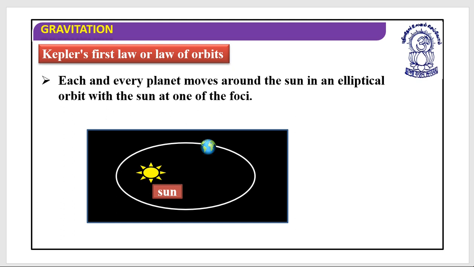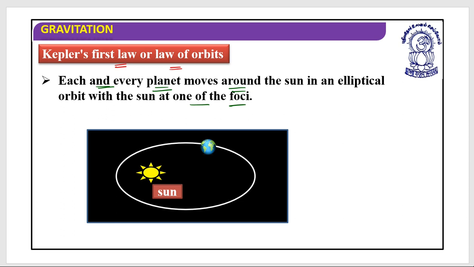Now let's discuss Kepler's first law, or the law of orbits. What does it say? It says that each and every planet moves around the sun in an elliptical orbit, while the sun is at one of the foci.